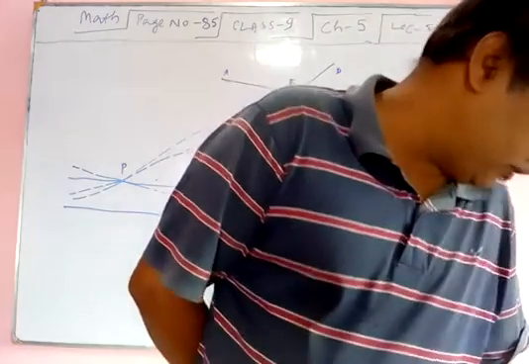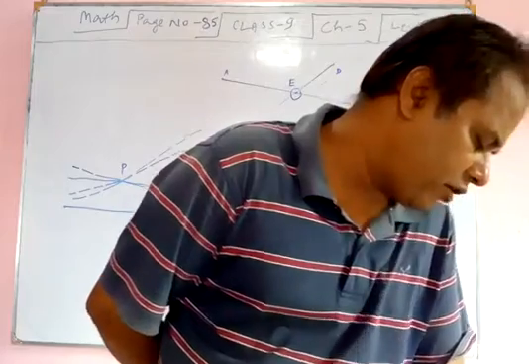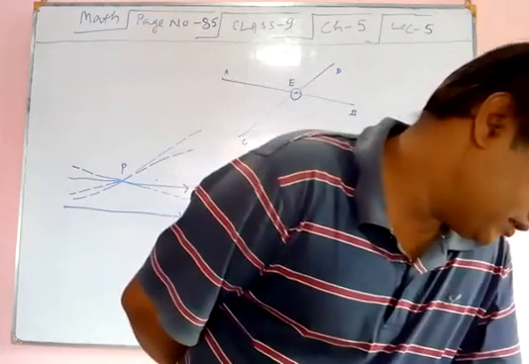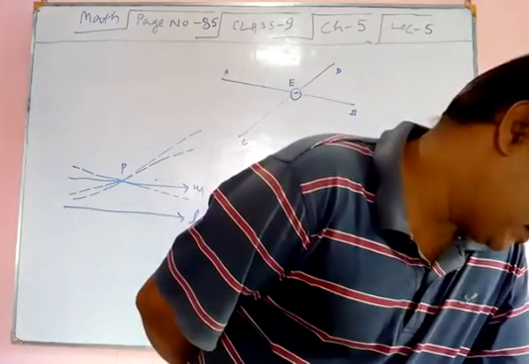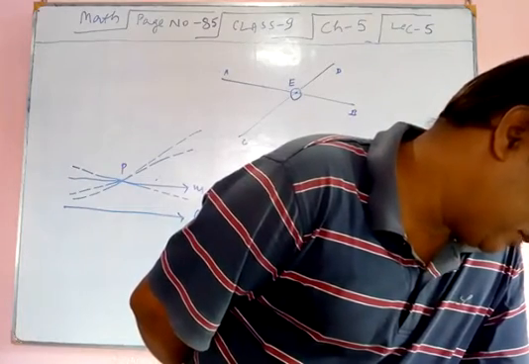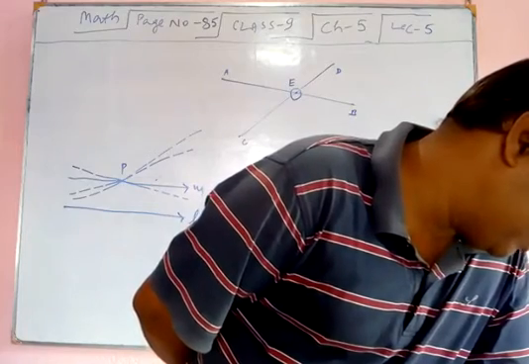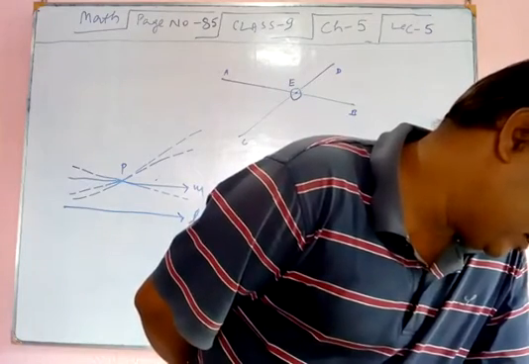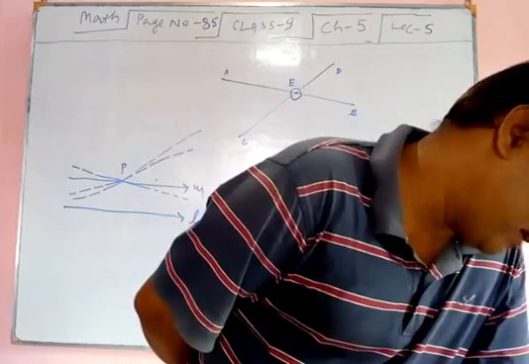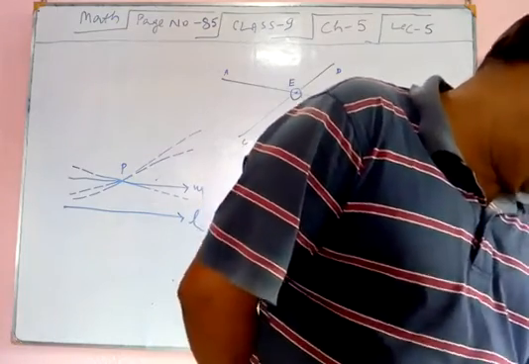In figure 5.12, the lines AN and BN, which are parts of great circles of the sphere, are perpendicular to the same line AB, but they are meeting each other. So the sum of the angles on the same side of line AB is not less than 2 right angles. In fact, it is 90 degrees plus 90 degrees equal to 180 degrees.